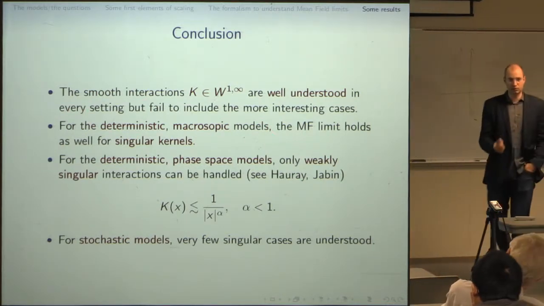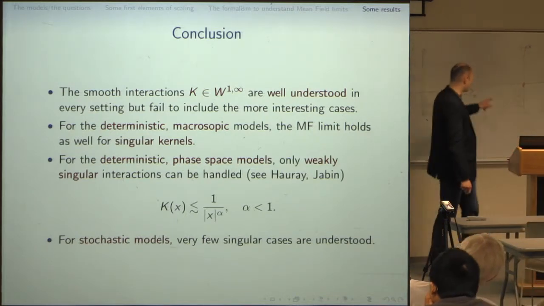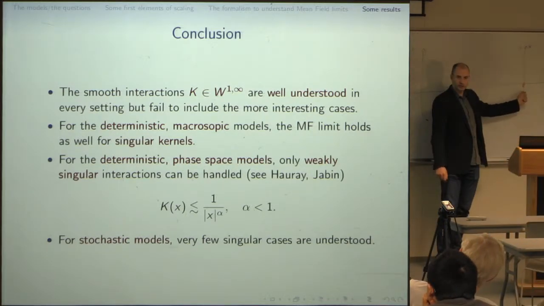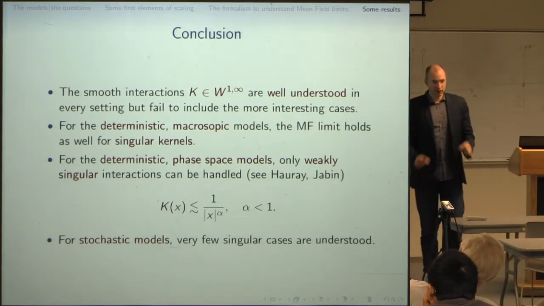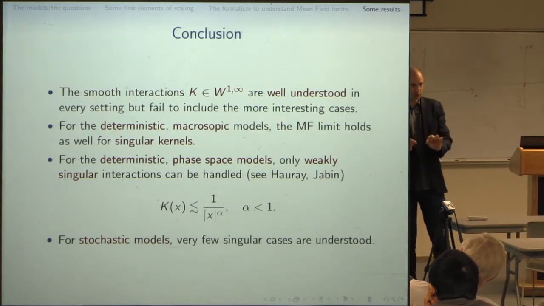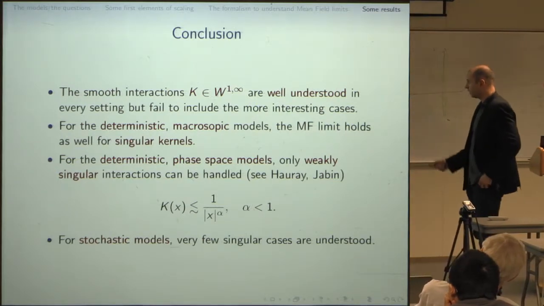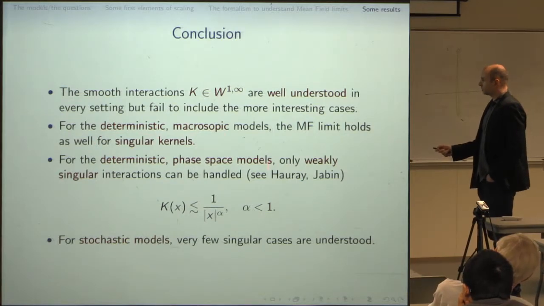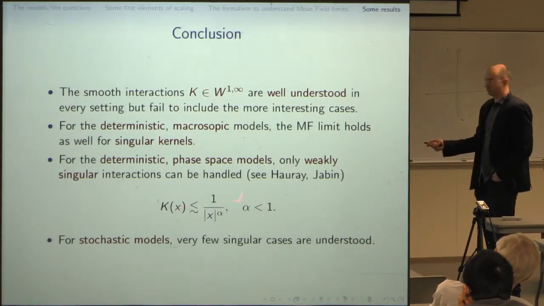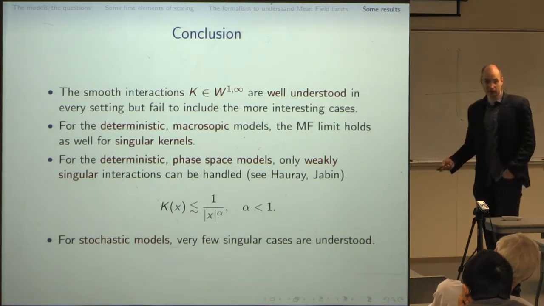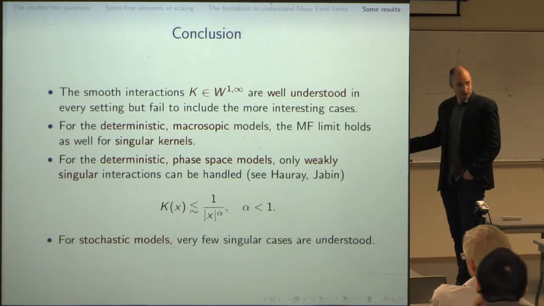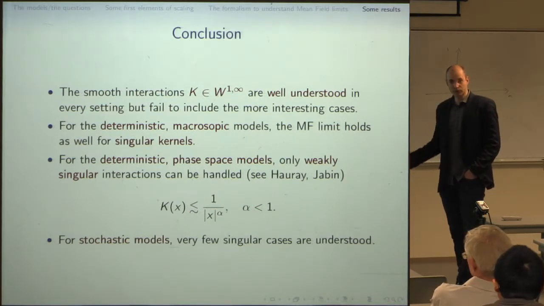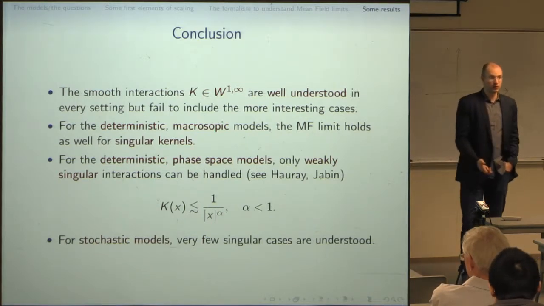So first order deterministic case, because of the structural property, we know fairly well what's going on. And we have a very good control on how particles are behaving. Still in the deterministic phase space model, well, this is the best result that we have now. And we can only handle the singularity, which is of order 1 over x. This does not depend on the dimension, okay? So it's alpha strictly less than 1 in dimension 2, and it's alpha strictly less than 1 in dimension 10.